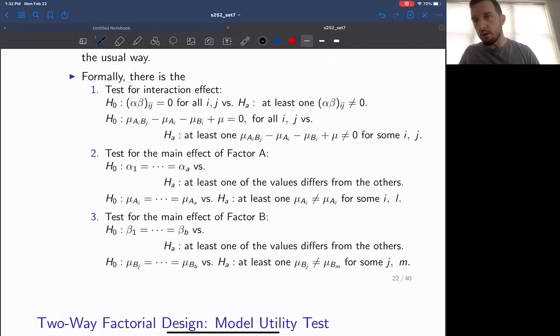On step 2, we have that the means across all levels of factor A are equivalent versus the alternative that a difference exists between some set of treatment A means. And then for factor B, we would have the same type of test. So the means across all levels of factor B are equivalent versus the alternative that a difference exists between some pair of means for treatment B. Right.